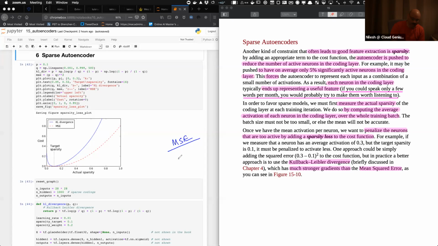You already know you get the output minus input, square, mean it, like that. And that's your mean square error, and divide by n. And so that's your mean square error output. That's one type of math, MSE. There is another type of math to calculate error functions, and that is this math.